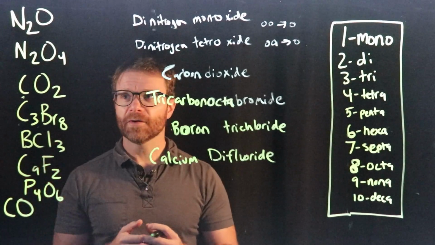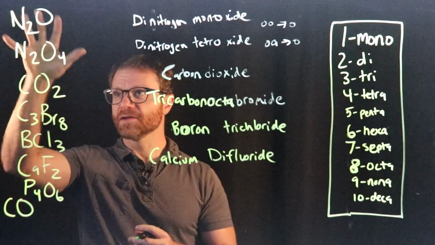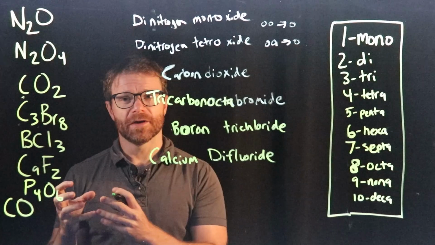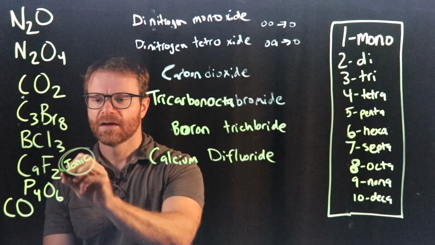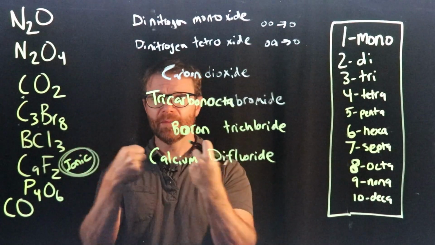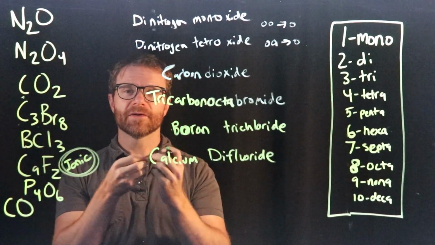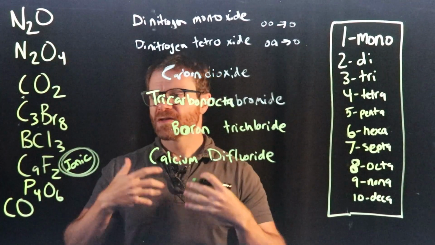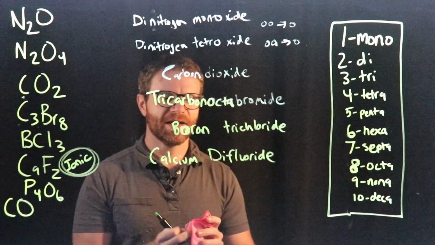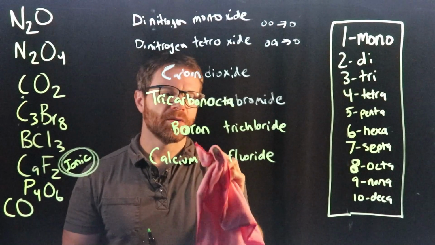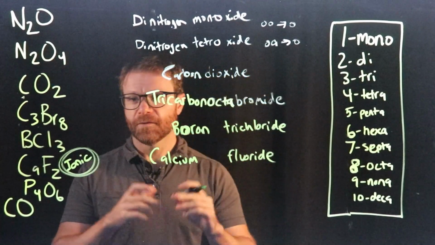So calcium fluoride, unlike all these other compounds, isn't a covalent compound, it's an ionic compound. Remember, a metal and a nonmetal is ionic, 2 nonmetals, that's covalent. So with ionic compounds, we don't need to use the di, tri, etc. This would just be calcium fluoride.